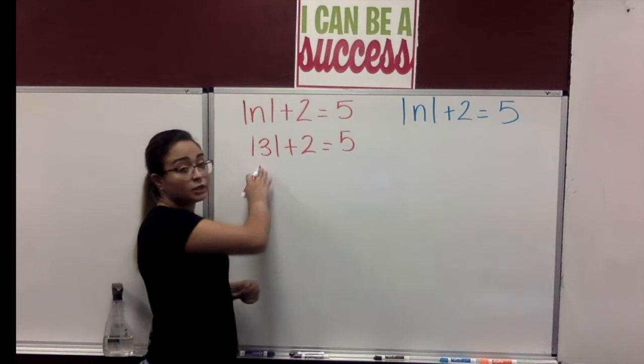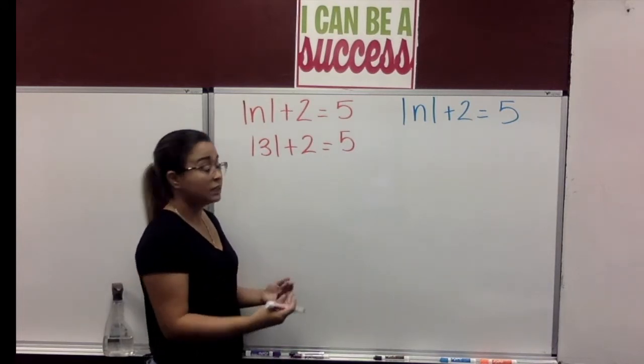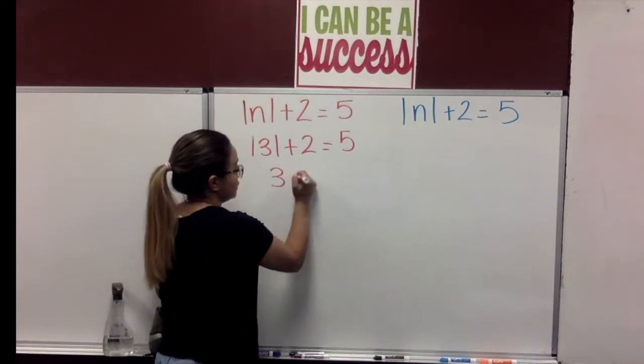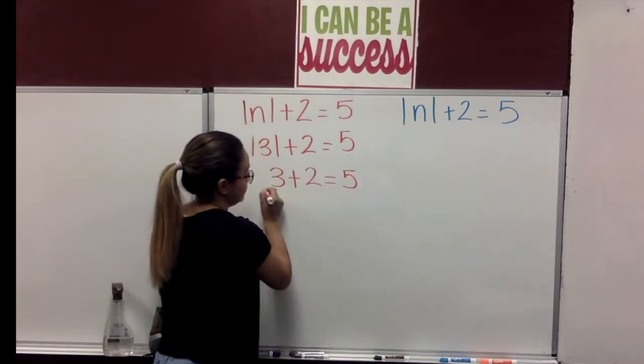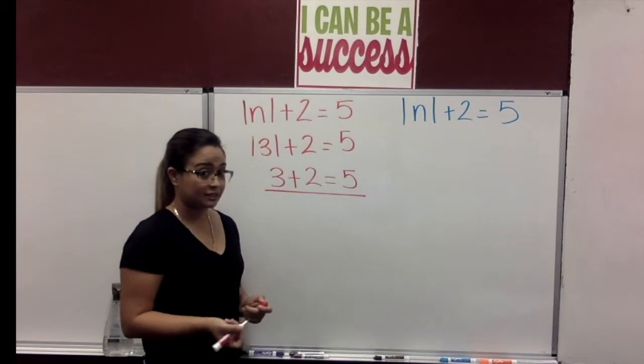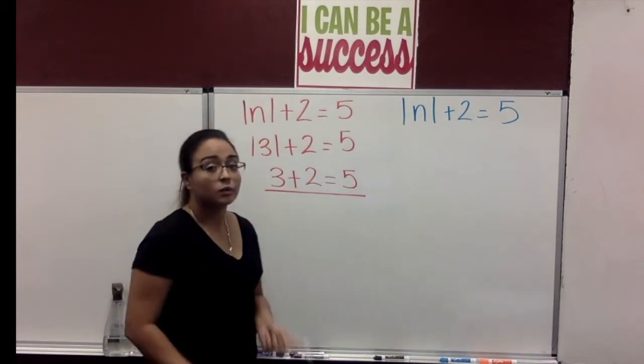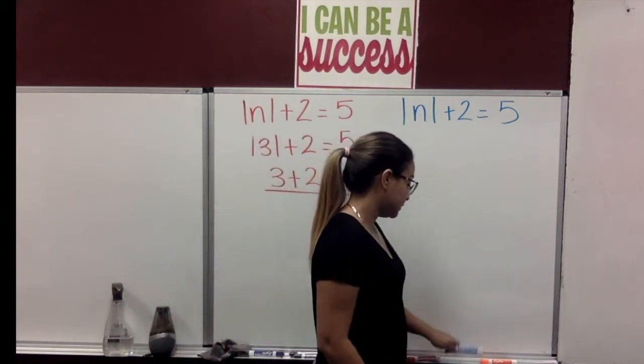The absolute value, or the distance from 0 from 3, is 3. So 3 plus 2 is equal to 5. So that is correct. Let's try it out with the next one.